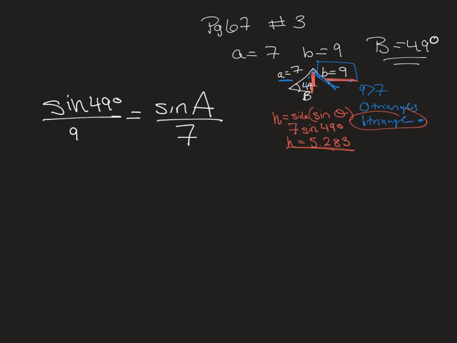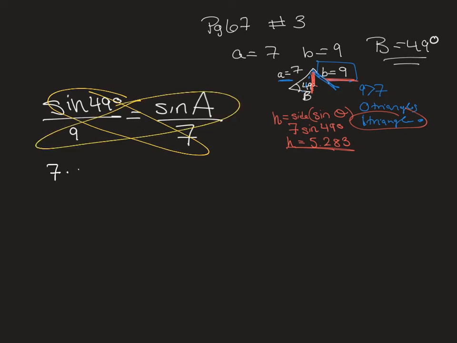I'm going to do my cross multiply, make a butterfly. So I'm going to get 7 times sine of 49 degrees divided by 9 is going to equal sine of A. Because you have a sine here that you're trying to solve for, we are going to have to use that arc sine.